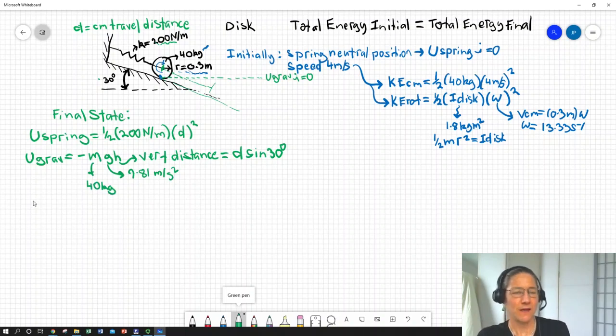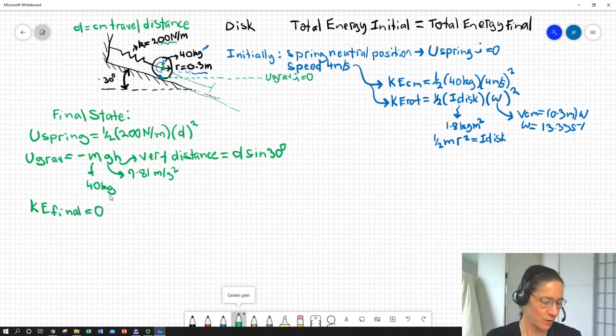Okay, and kinetic energy final is 0, because we're told that at that instant in which we've gone the maximum distance, the disk is at rest.